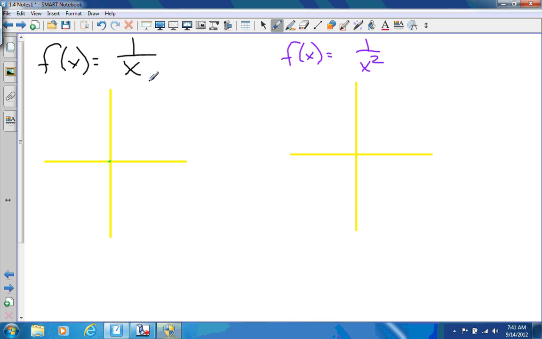Then we will move on to f of x equals 1 over x. This one, for the first time today, does not have a coordinate at 0, 0 because you cannot divide by 0. So if you substitute a 1 in, you will get 1. So it has 1, 1. Substituting a 2 in will get you a half. A 3 in will get you a third.